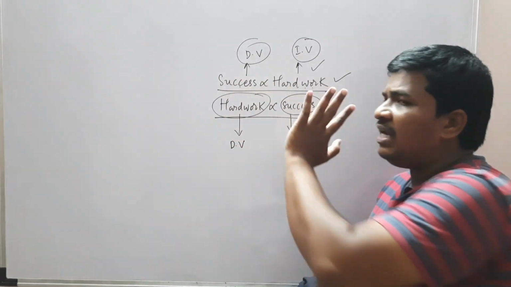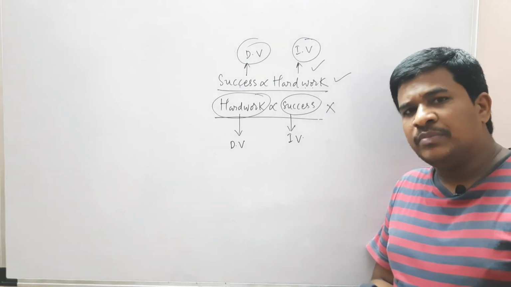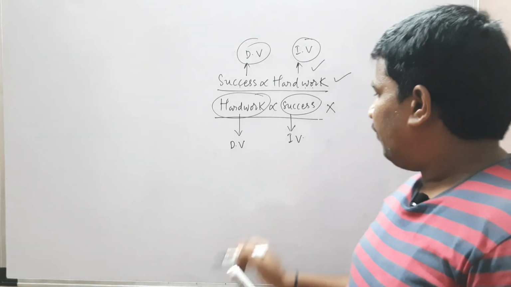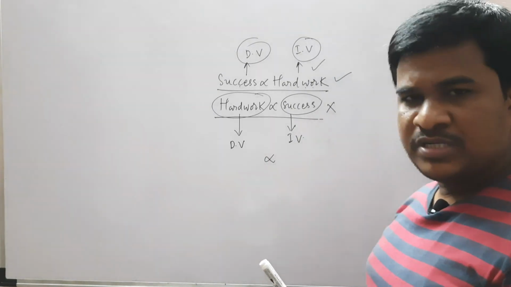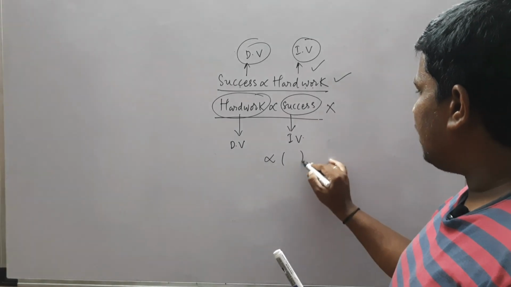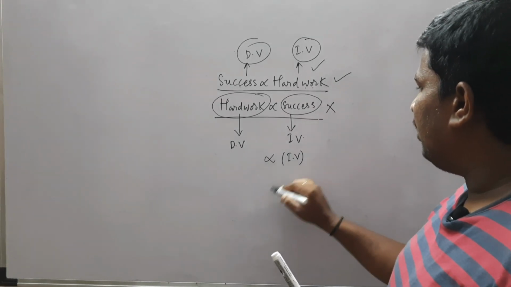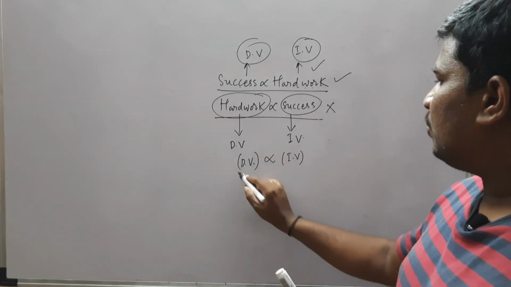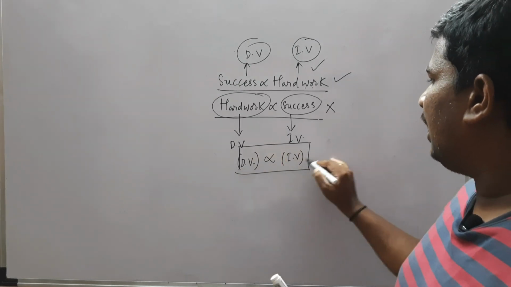So placing the independent and dependent variable is also very important. Whenever you write a proportional relation between two quantities, after the proportional relation you should write the independent variable, before it you should write the dependent variable. So this is what the correct form is.